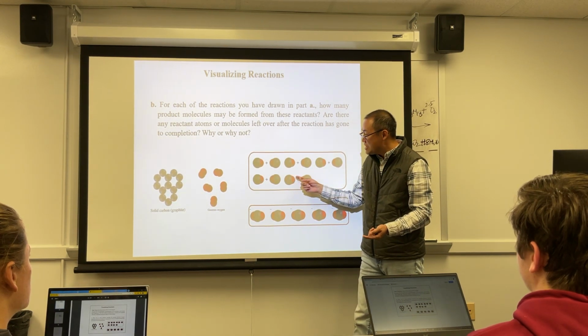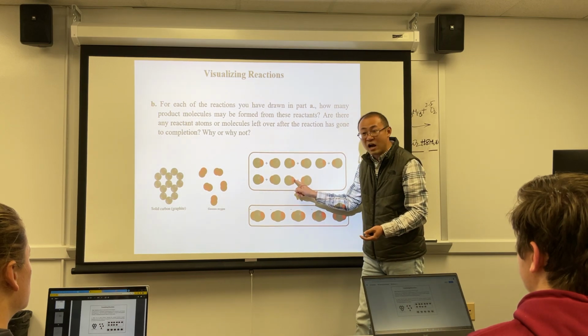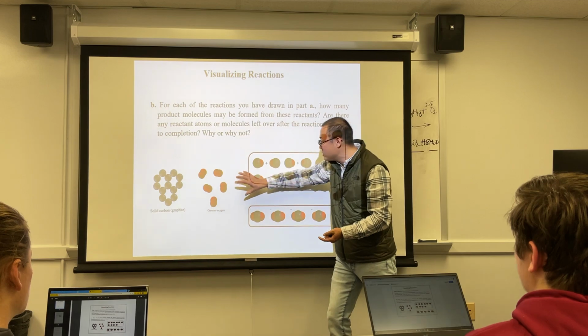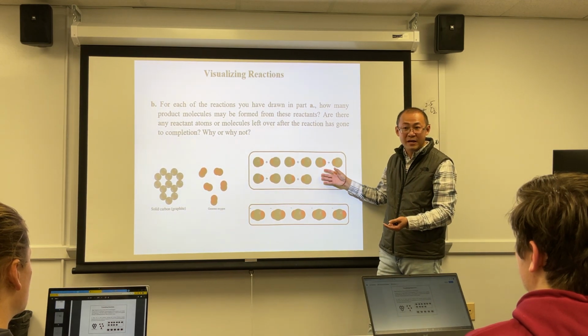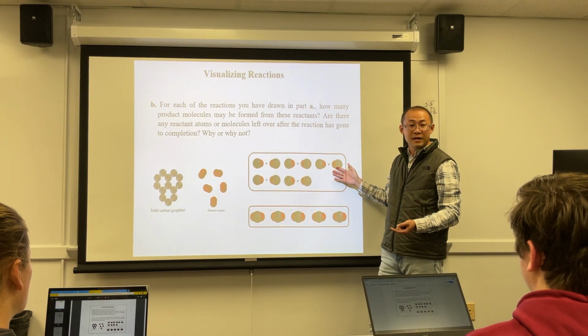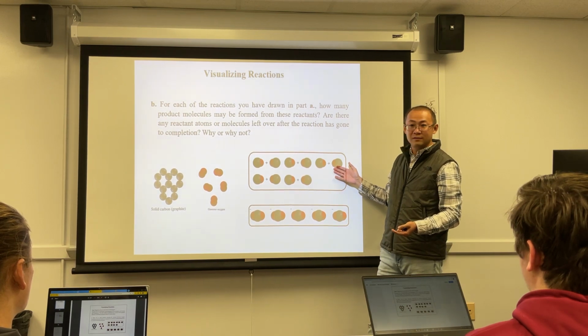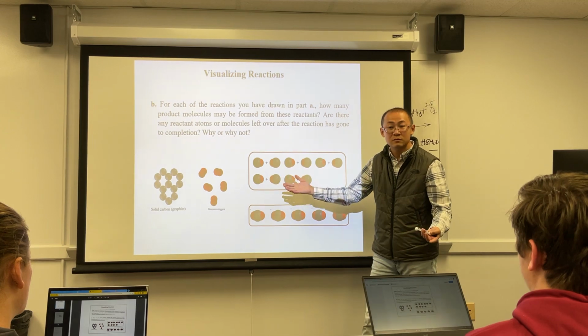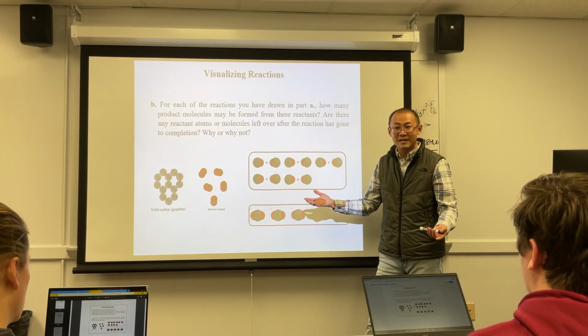Remember here, each carbon monoxide has 1 oxygen. So holding 10 oxygen means how many carbon monoxide can I make? 10. Why can I only make 10? Because I only have 10 oxygen. Make sense?